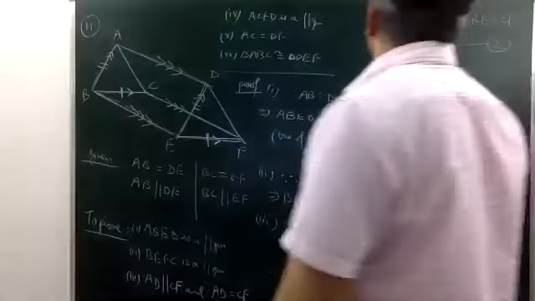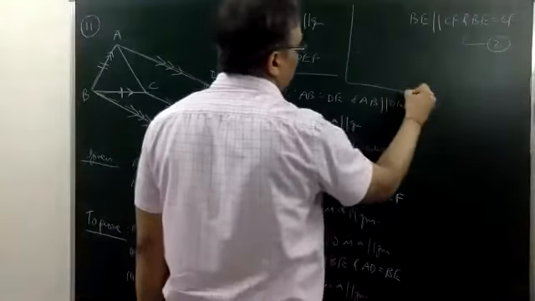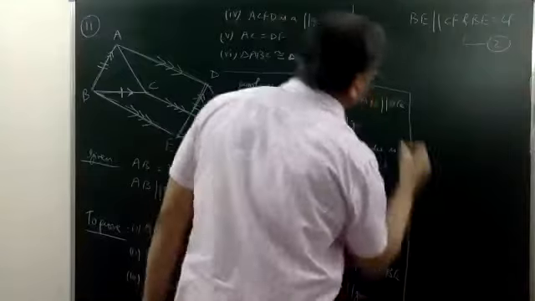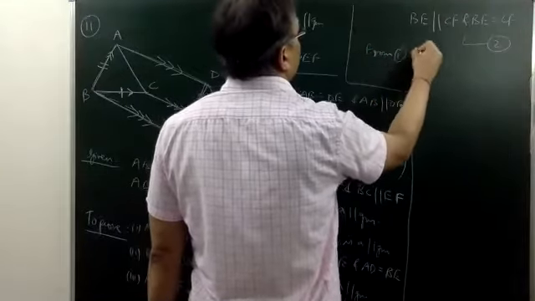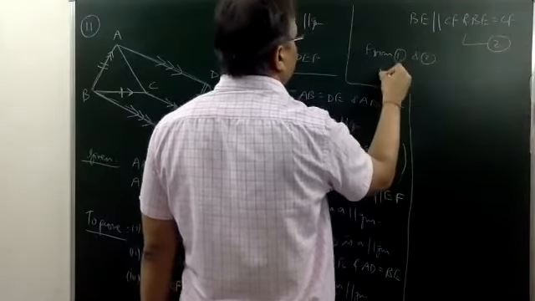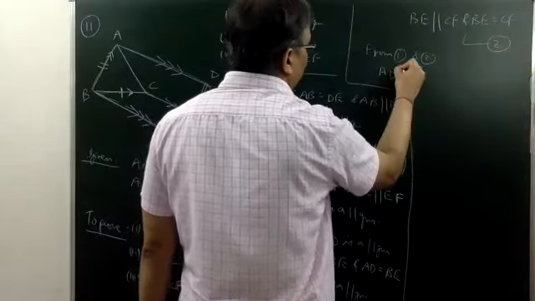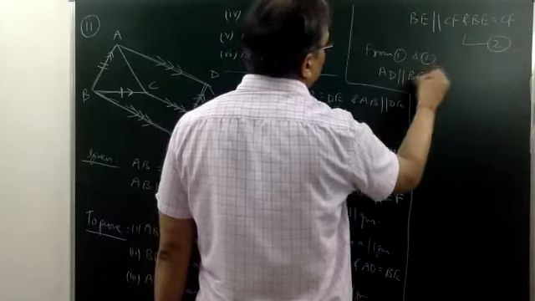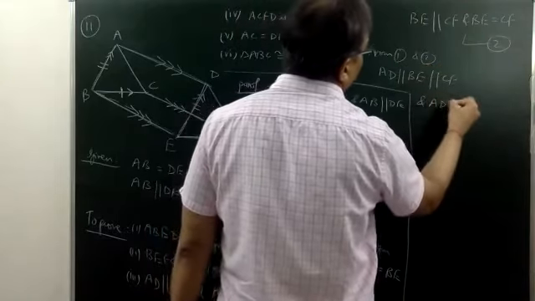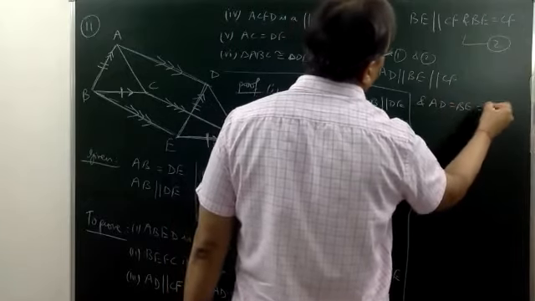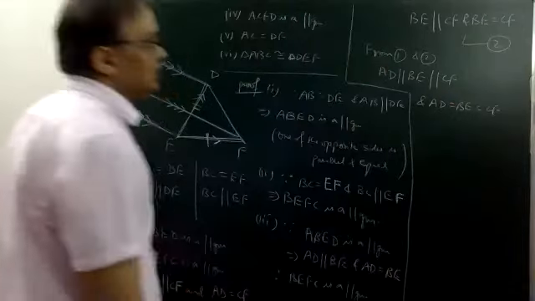So from 1 and 2, AD is parallel to BE is parallel to CF and AD is equal to BE is equal to CF.